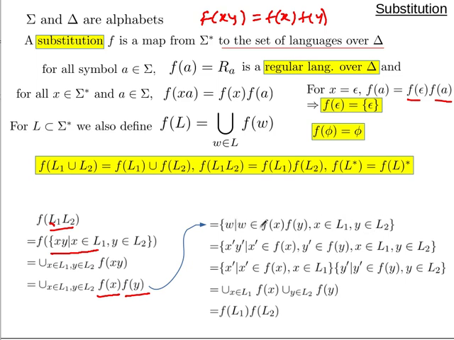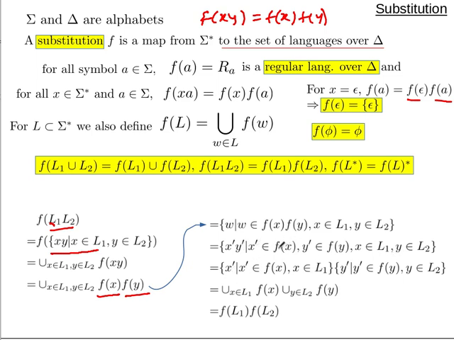So you take this thing and then, what is the definition of concatenation of these two languages? This w should be x prime y prime, such that this x prime is coming from this and y prime is coming from this. And then we separate this out into these two parts. So we separate this x.